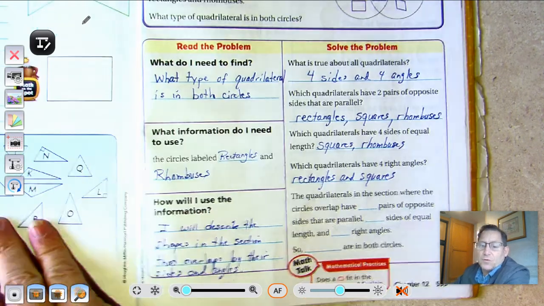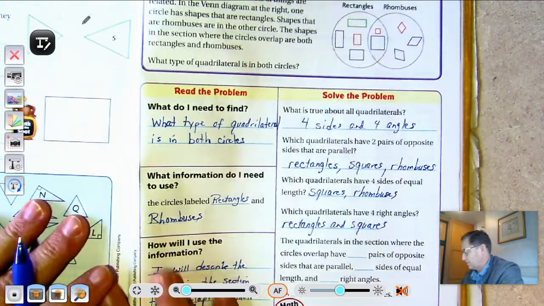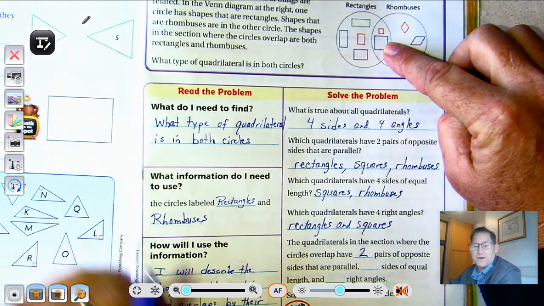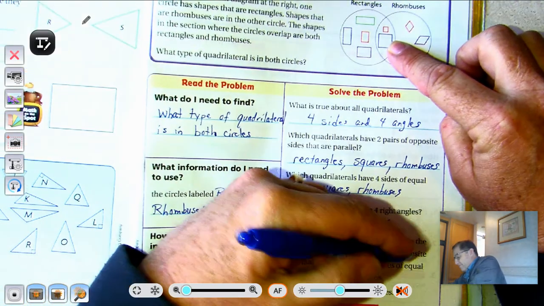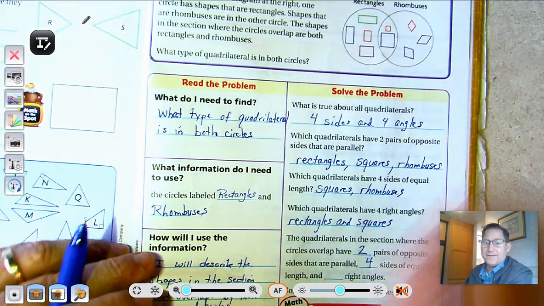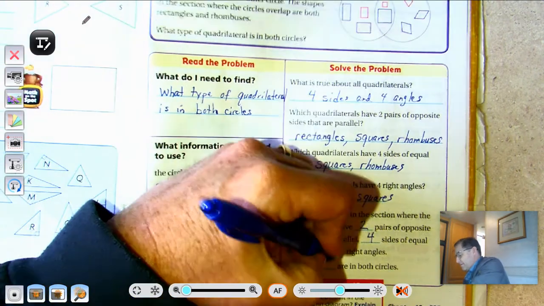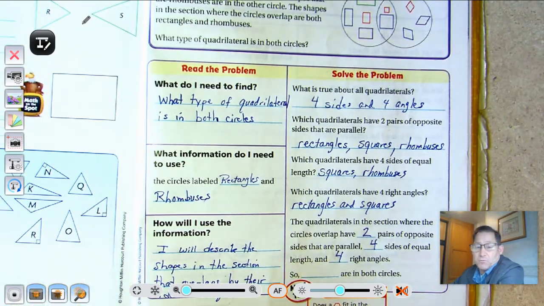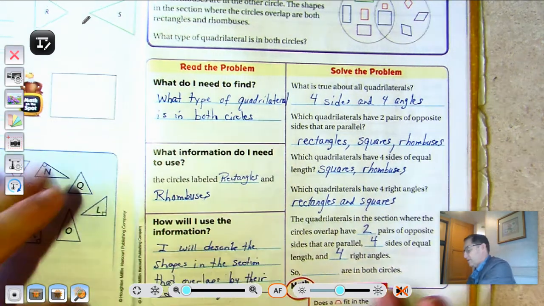All right, so the quadrilaterals in the section where the circles overlap have two pairs of opposite sides that are parallel. They also have four sides of equal length because they're also rhombuses, and they have four right angles because they're squares. So what shape is in both? What shape is considered a rectangle and a rhombus? A square.